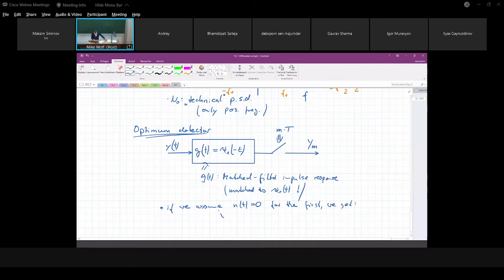Ym. So let's say this is a concrete value here at the output of this sampled matched filter, matched to the used pulse shape, sampled. This is just sampling.